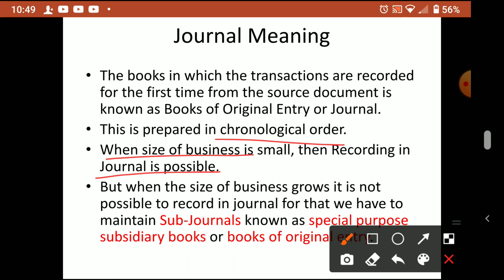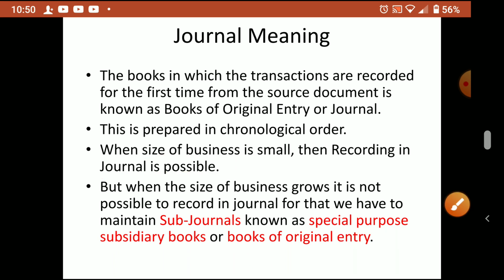Is it possible to write in chronological order? It is not possible. But now everything is computerized, so it is very easy, and actually speaking, even journal is not required, you only have to create accounts and the software will do everything. But we should know what to create and how to analyze the things, and for that theoretical knowledge is required.